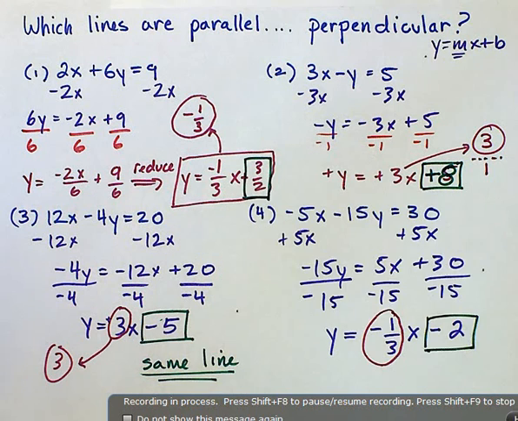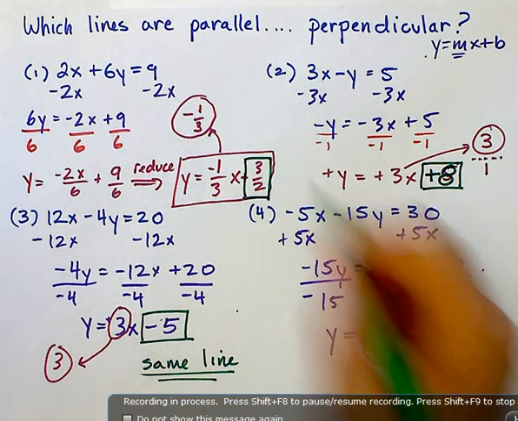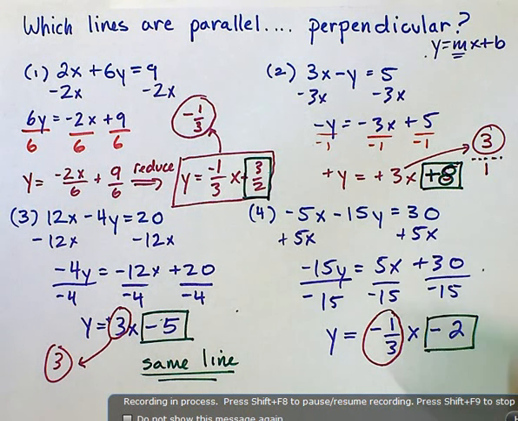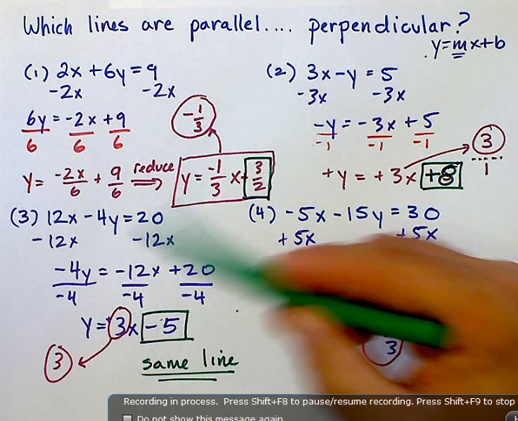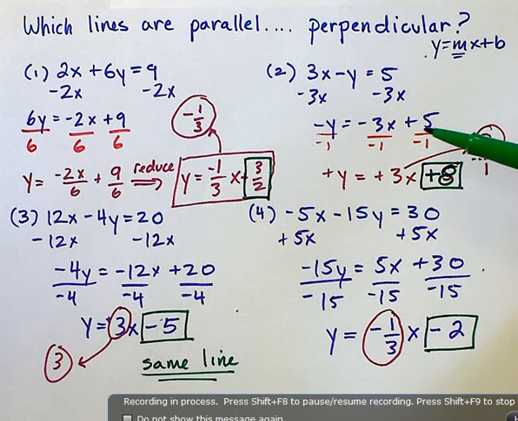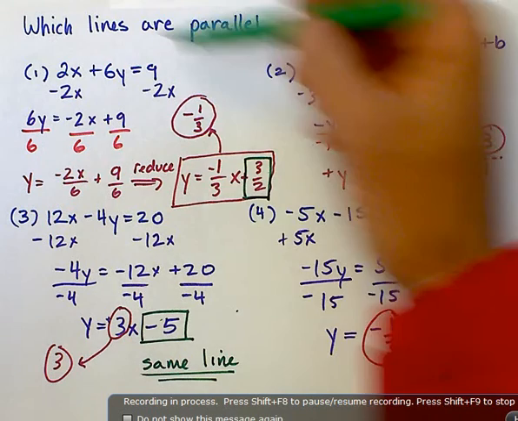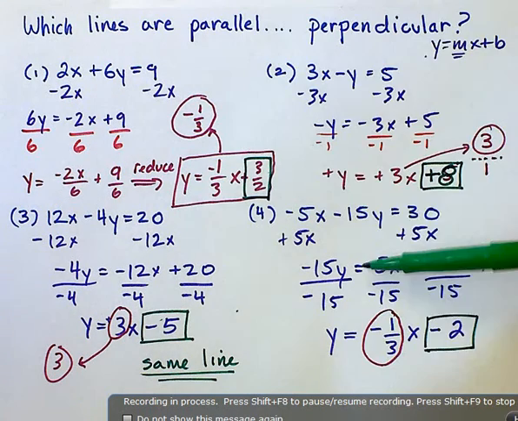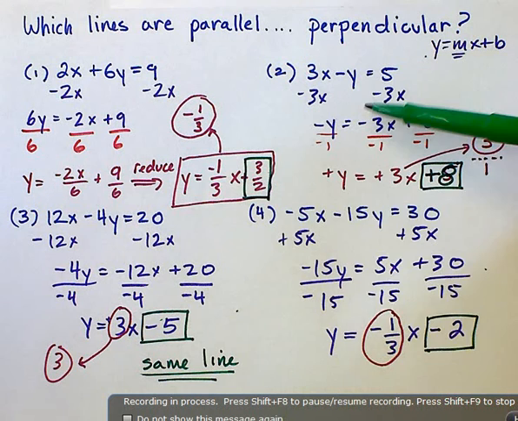So since the y-intercepts are different here, I could say these two are parallel. And actually, you could have said 2 and 4 are perpendicular, 2 and 3 are perpendicular. So 1 is parallel to 4, same slope. 1 is perpendicular to 2 and 3.